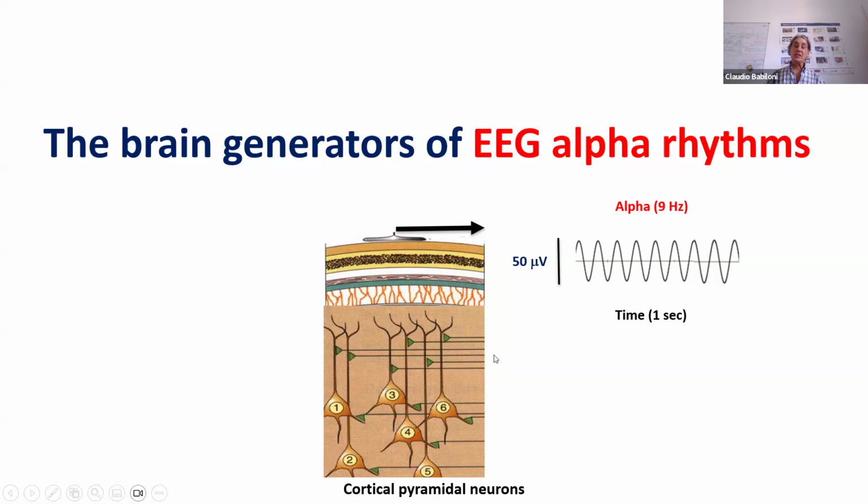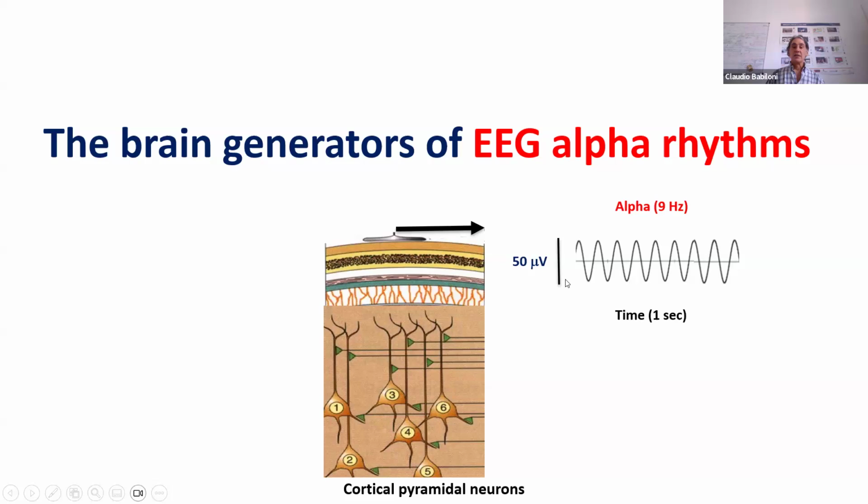So when there is a synchronization in time of the neural transmission to these cortical pyramidal neurons, the ionic currents across the dendrites and related postsynaptic potentials are able to summate across the pyramidal neurons and reach the intensity of ionic currents and amplitude of electric field to allow the recording of EEG activity from scalp electrodes.